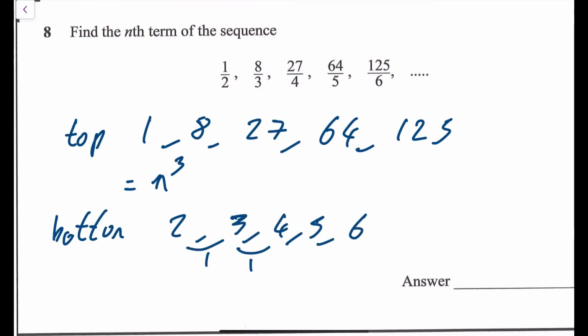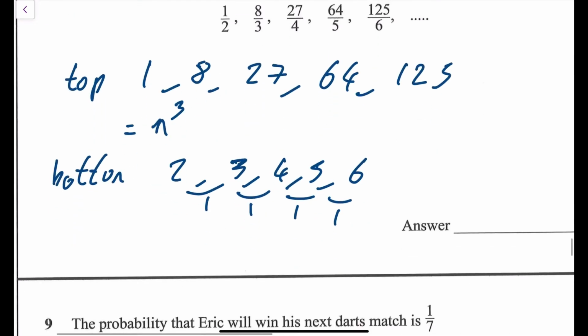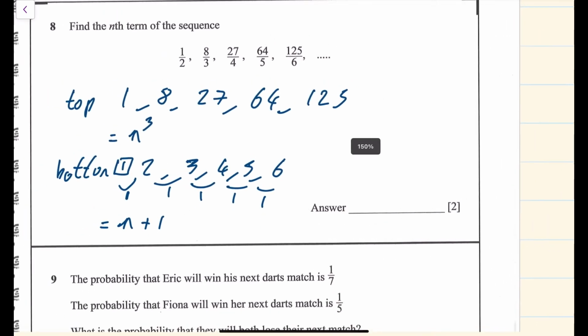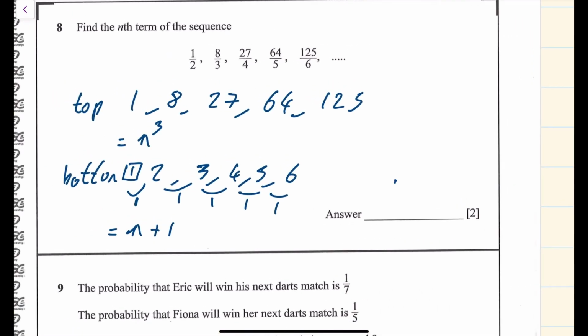So it's going up in ones, which tells me there's an n involved. If I went back, this term here would have been 1. So it's n plus 1. That's what my bottom term is equal to. So overall the answer then is n cubed over n plus 1.